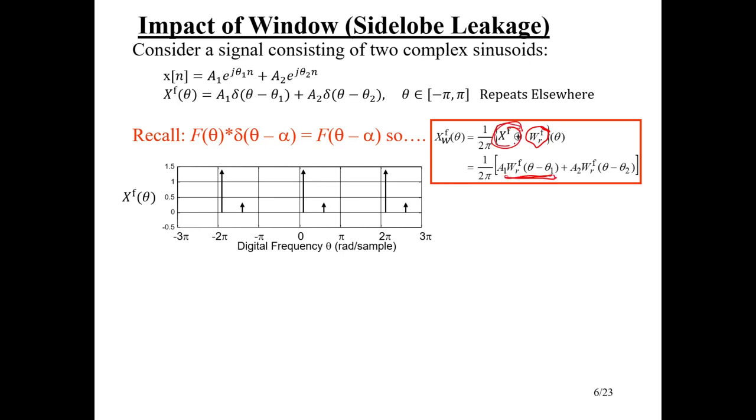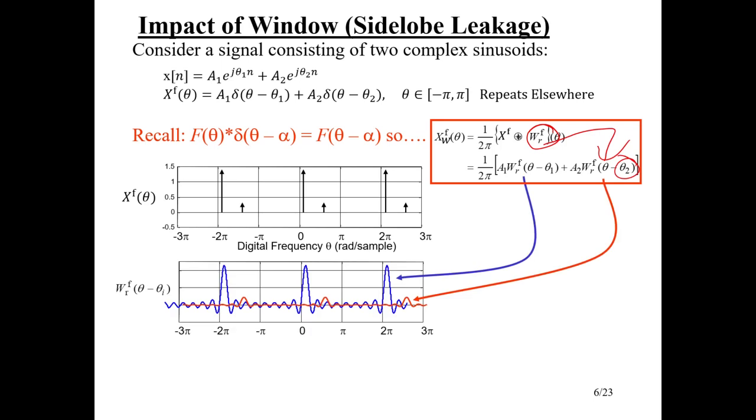There are two delta functions in there. One of those is going to take this and plop it down at theta 1. And the other one is going to take the window DTFT and plop it down right there. And so here's a little picture of that. I've color-coded those so that you can see them separately. But in reality, what we see is the sum of those.